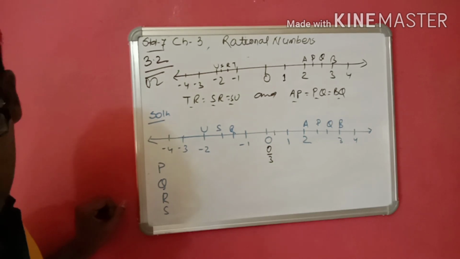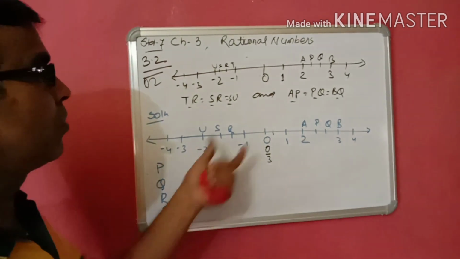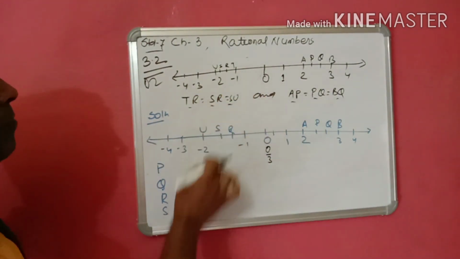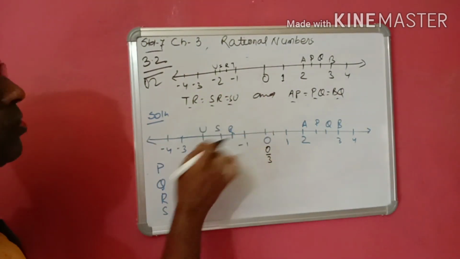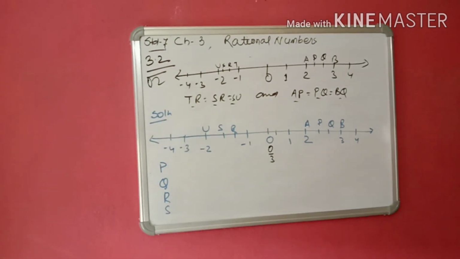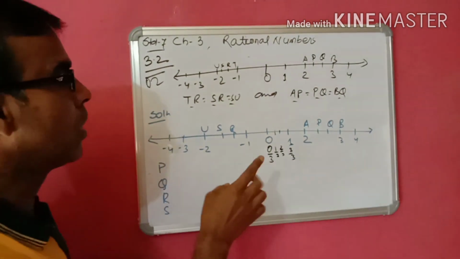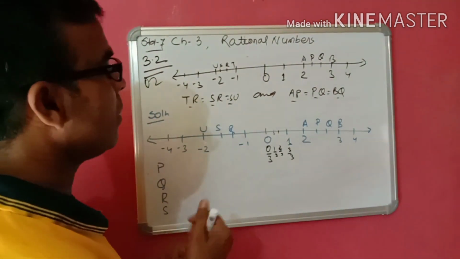First of all, you write down. This is the question, and this is your solution set. Please write down the number line first. I am using two colors of pen, one is blue and one is black.